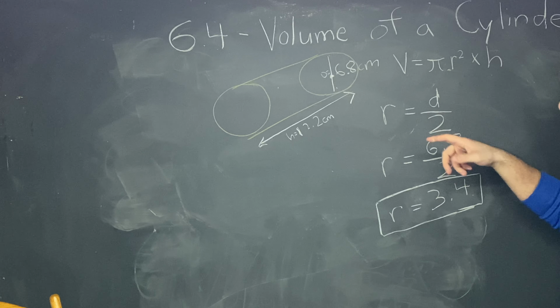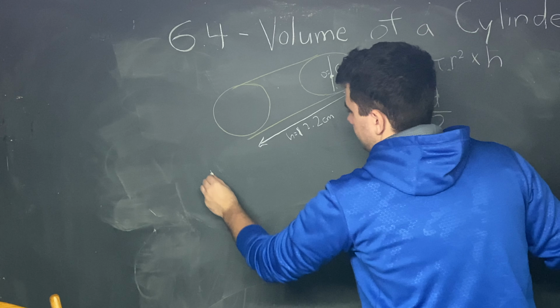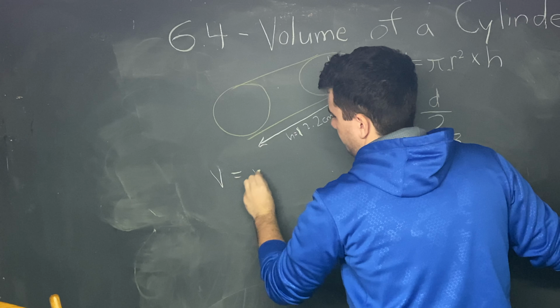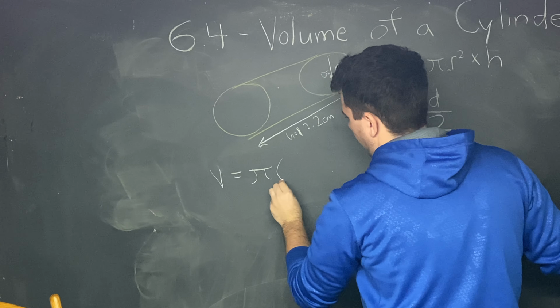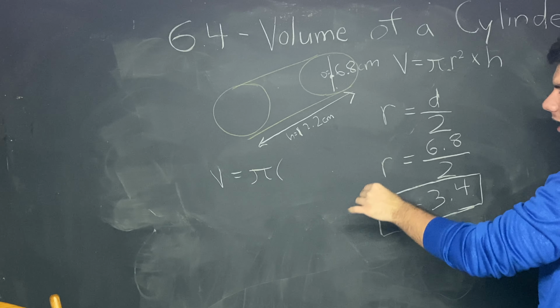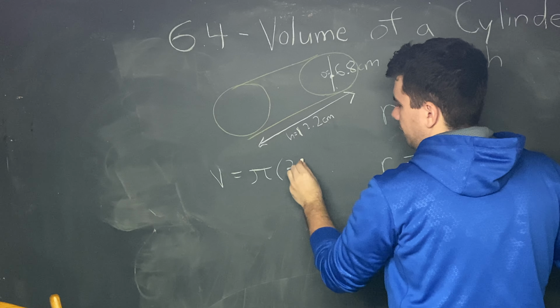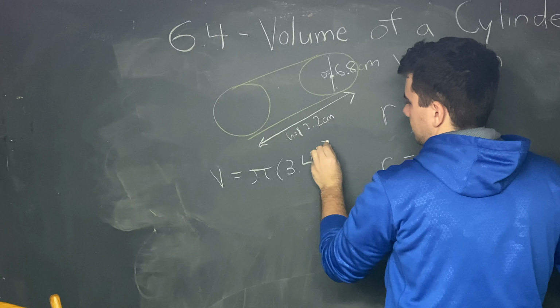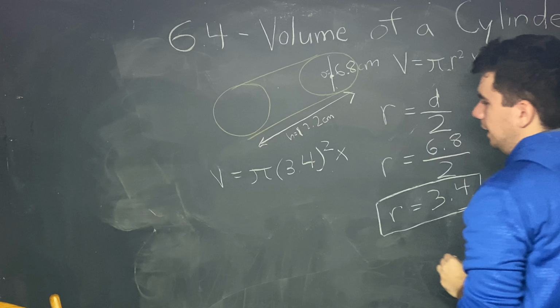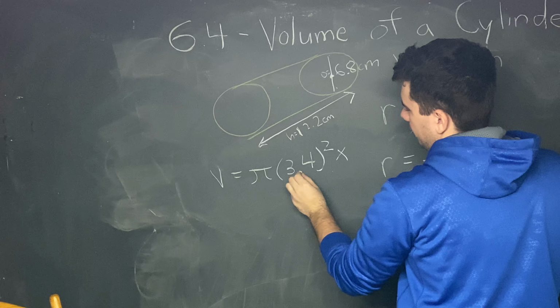So now we can start to populate our formula. So volume is equal to pi, and then we have R. I like to always put it in brackets to make sure I'm organized and I can see clearly what's happening. Pi times 3.4 squared times the height. Now the height is 12.2 centimeters.